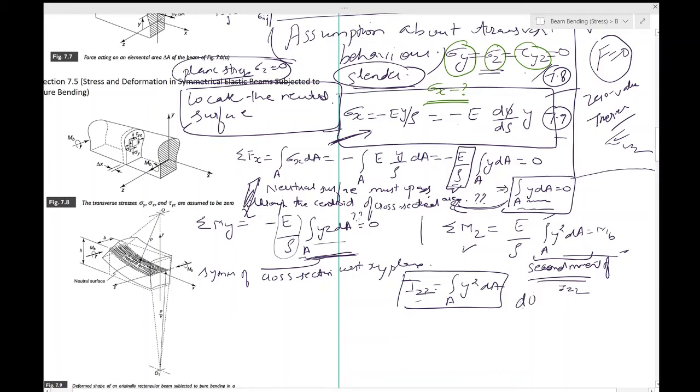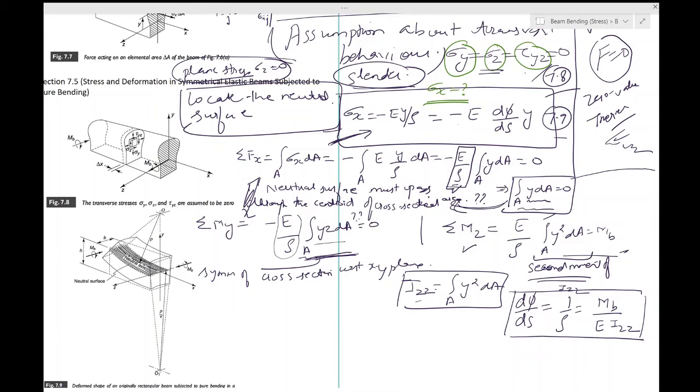So d phi by ds is equal to, just like writing 1 by rho is equal to Mb by E Izz. When the bending moment is positive, the curvature is positive, that is concave upward.